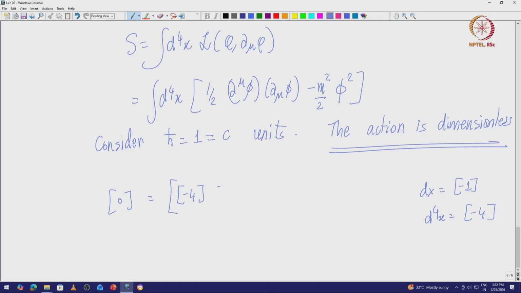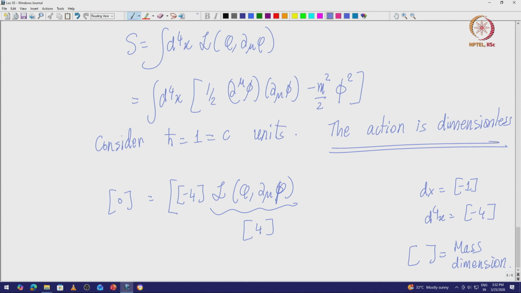So the Lagrangian density, L of phi and del mu phi, should be of mass dimension 4. This representation stands for mass dimension.